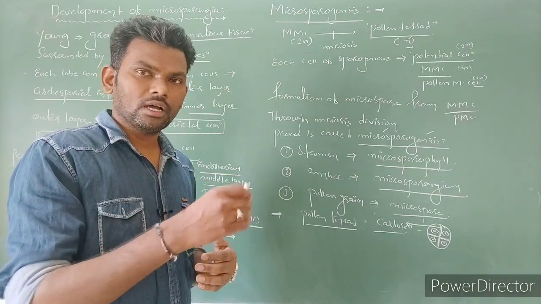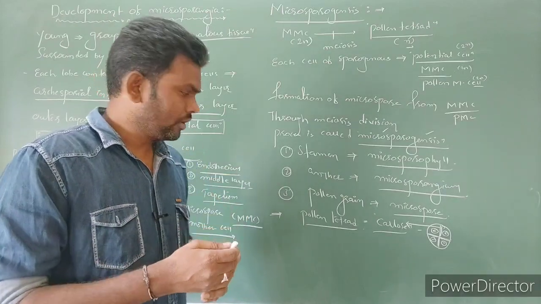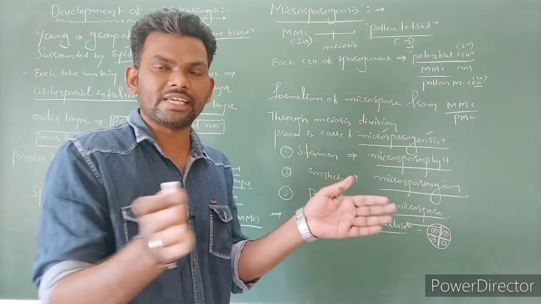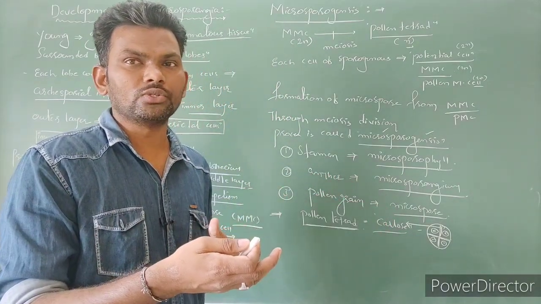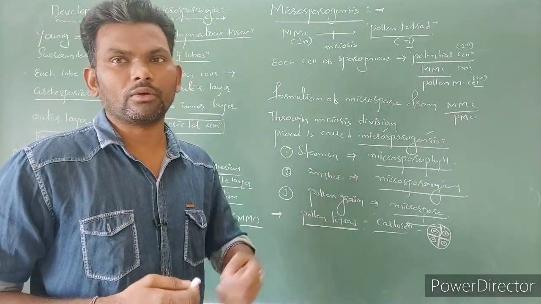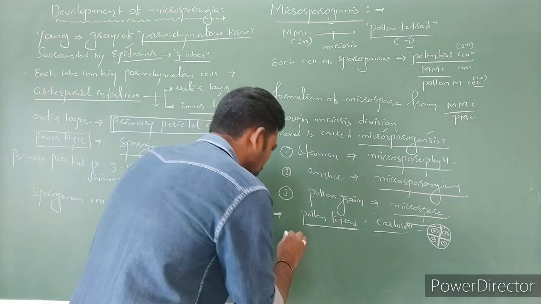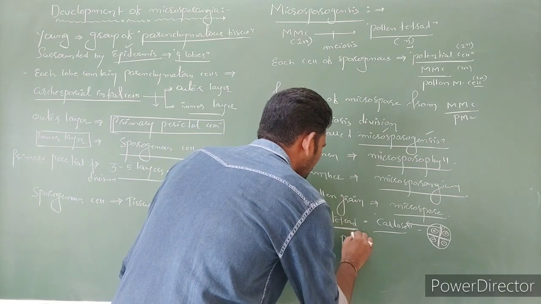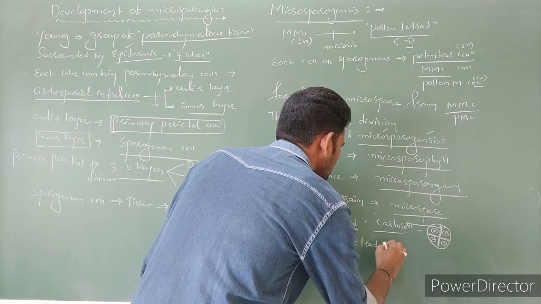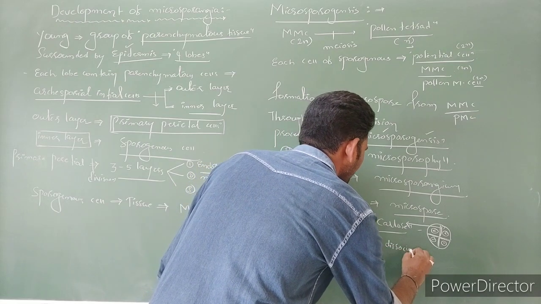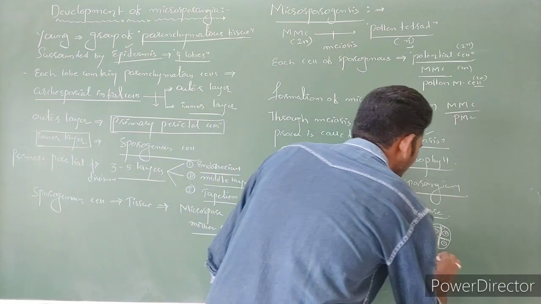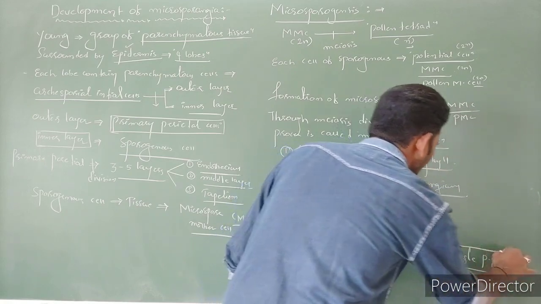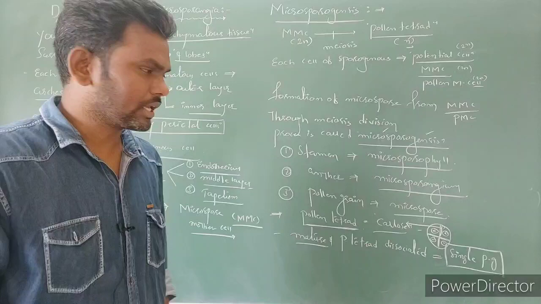Later, the anther is going to mature. After maturity, the anther dehydrates. During the dehydration of the anther, the pollen tetrads disassociate from each other, and each microspore develops as one single pollen grain.